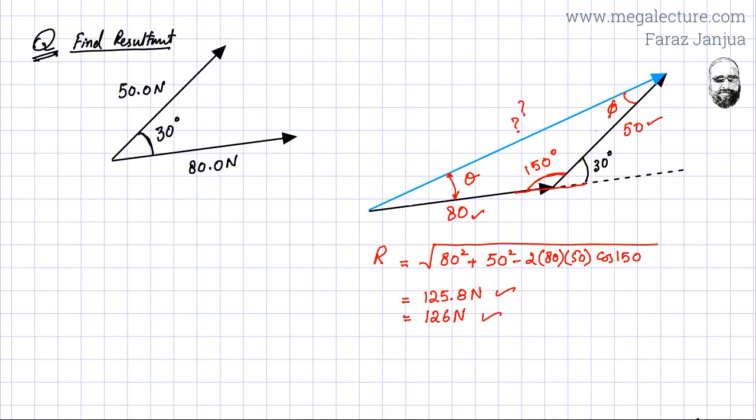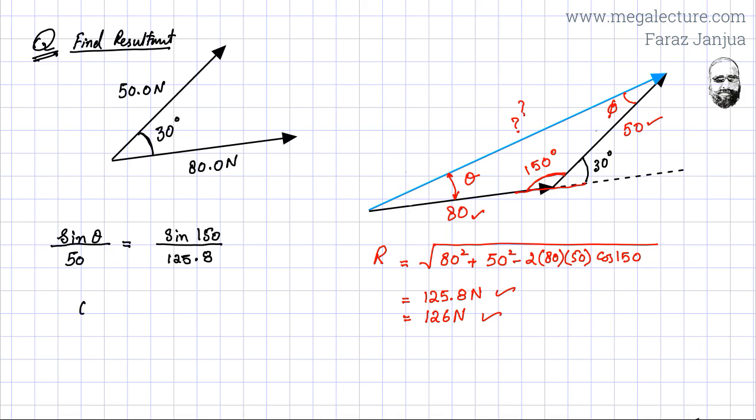So I will use sine theta, that is what I have to find, over the opposite side, 50, equals sine of 150 divided by 125.6, actually 125.8.